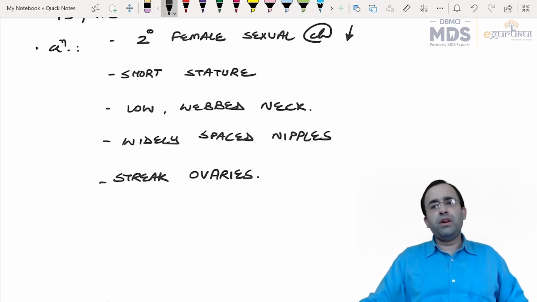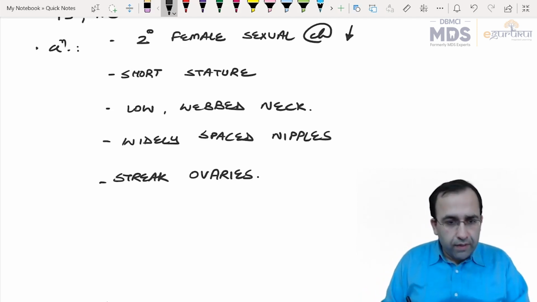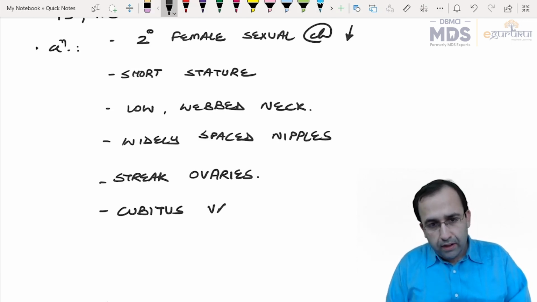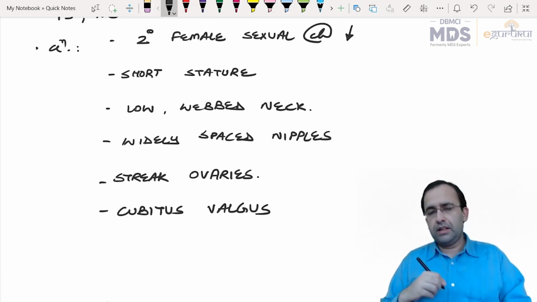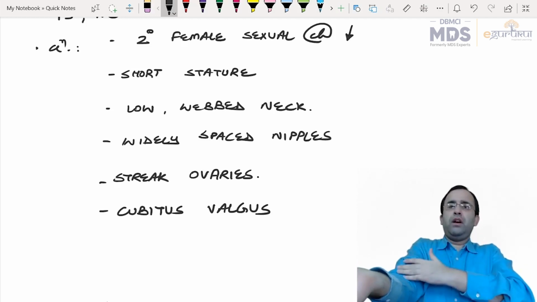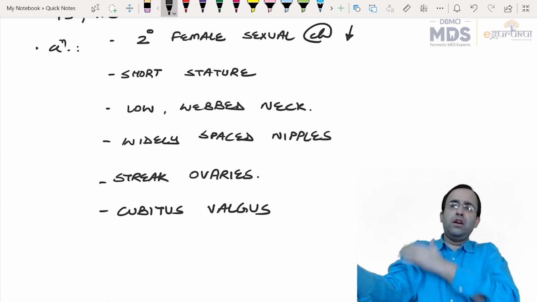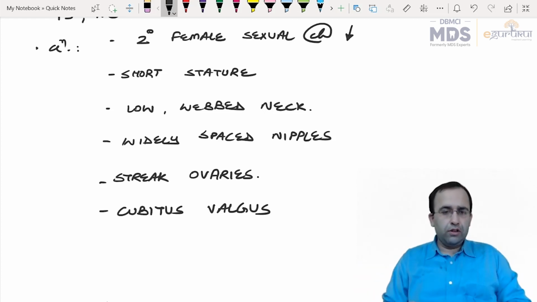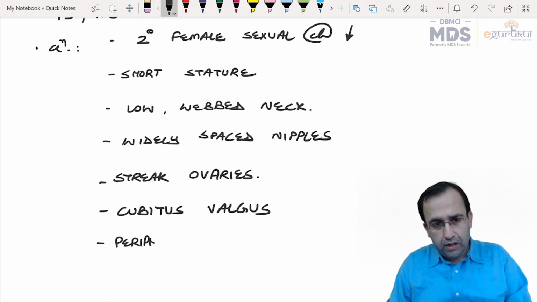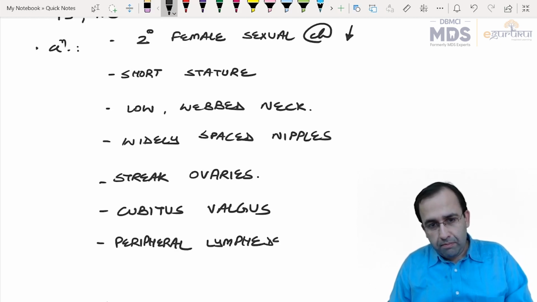Because one X chromosome is less. Streak ovaries, cubitus valgus. What is cubitus valgus? The angle between the upper arm and the forearm is increased. Cubitus valgus and peripheral lymphedema at birth.